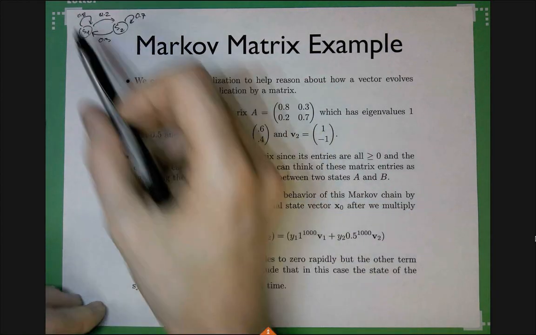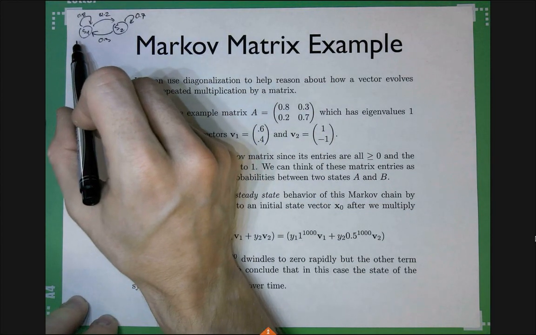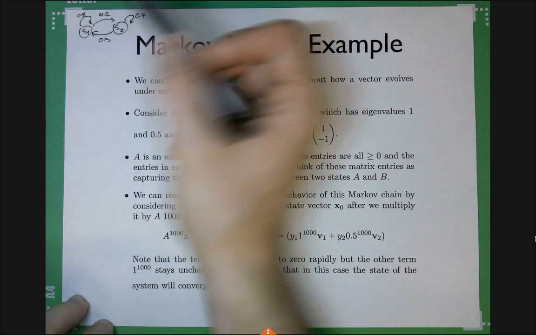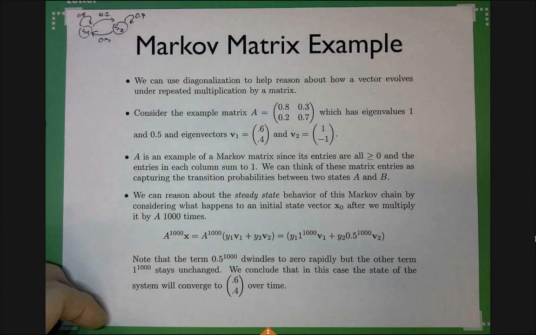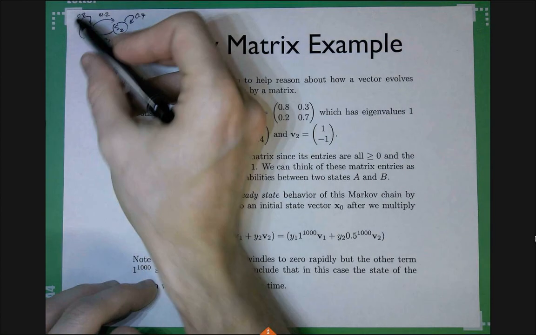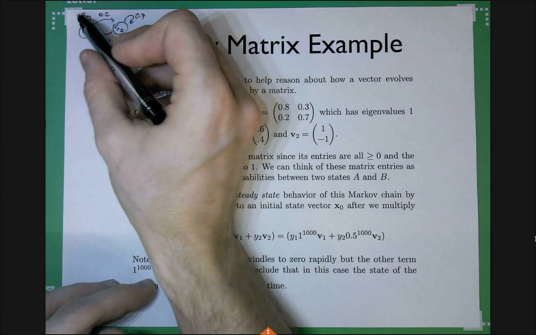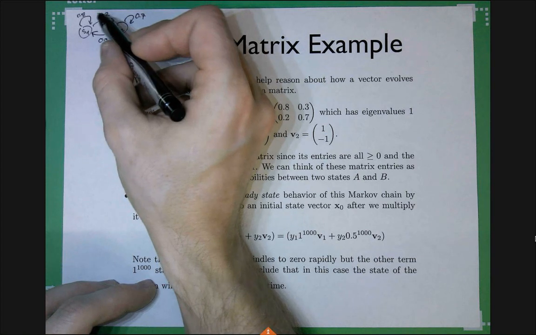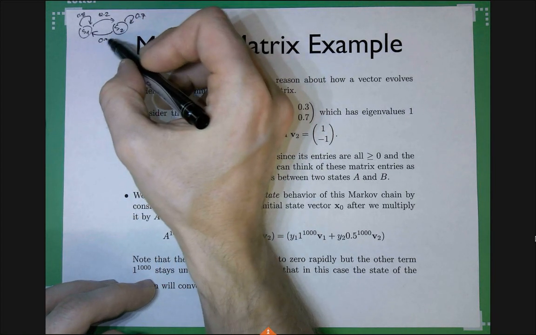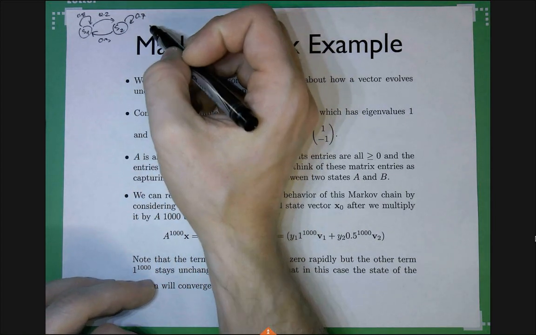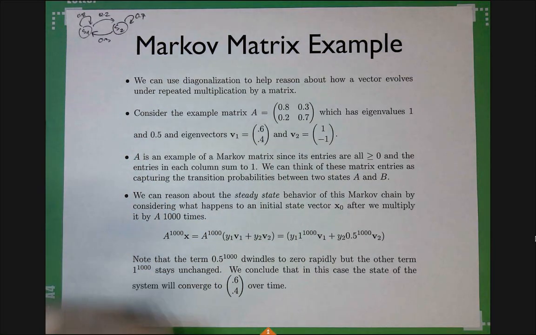Now notice, because these are probabilities, they have to sum to 1, right? Because if I'm making a transition, then I'm making a transition for sure. That's a probability 1 event. Which is true: 0.8 plus 0.2 is 1, and 0.7 plus 0.3 is also 1. So I always make a transition with probability 1.